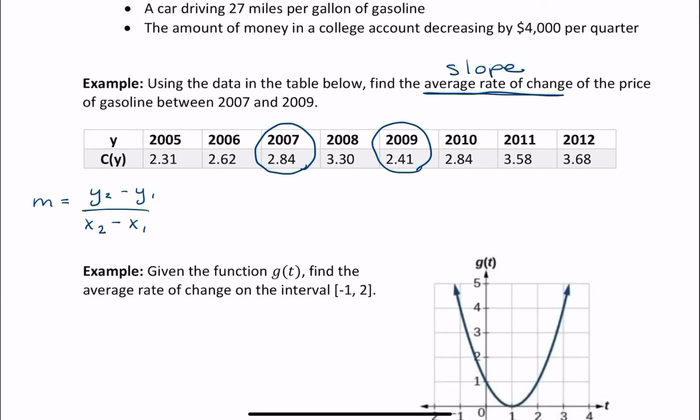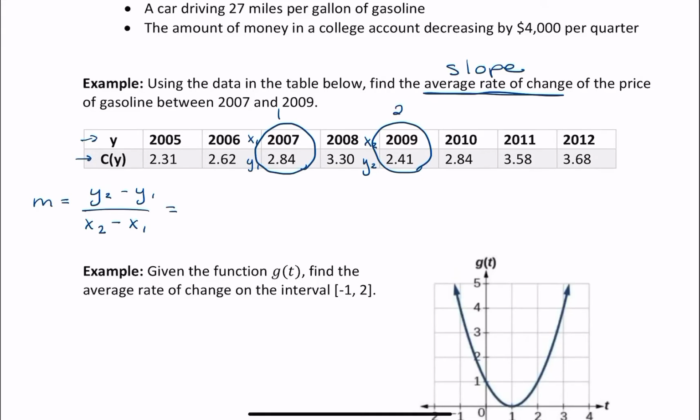Depending on if you want to label this point 1 and this point 2, don't let the y here confuse you. They're using y as the year and c of y as your gasoline. So this is still going to be your input or your x1, and this will be your y1 when we're talking about the slope, and this would be x2, y2.